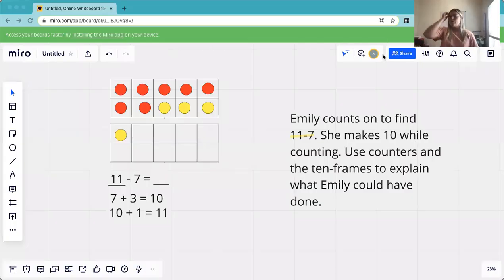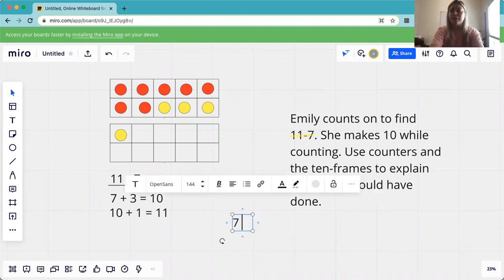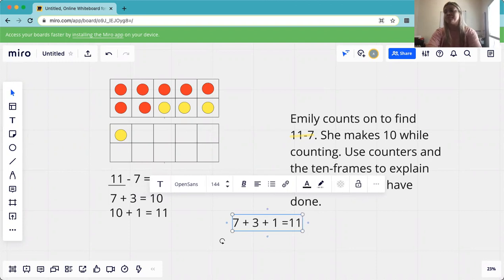Now I need to figure out how many counters were added to 7 to make my 11. So I'm going to add those over here. I have 7, and as you can see at the top of my top 10 frame, I added 3. And then I added 1 more down here to make my 11.